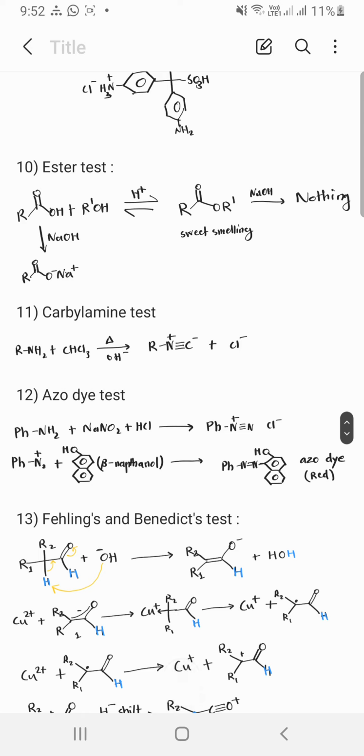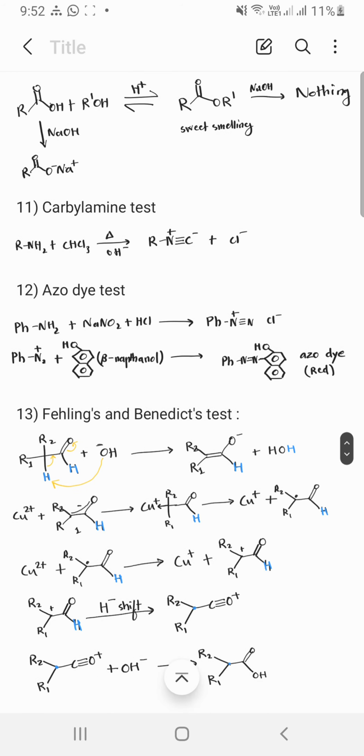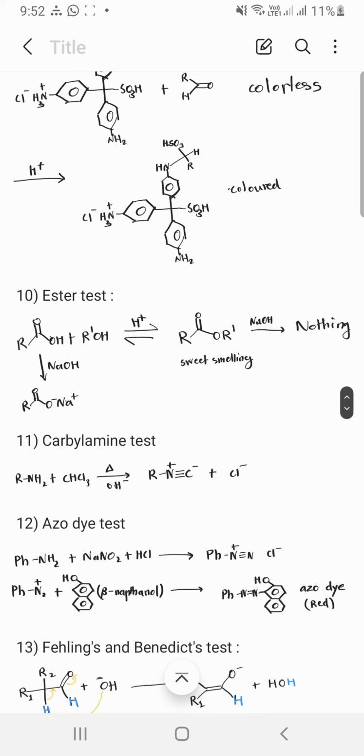Ester test. Yeah, there's nothing special about this thing. Oh, so the main thing is that this carboxylic acid, when you put it in NaOH, it can give you this salt or whatever it is. Will it be a salt? I think it's a salt, right?